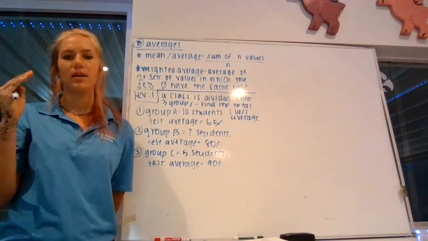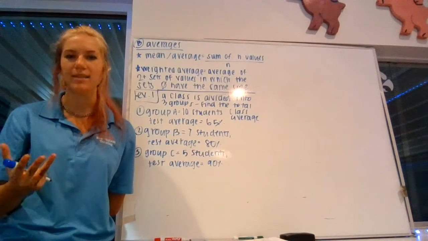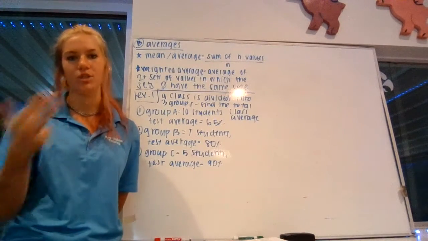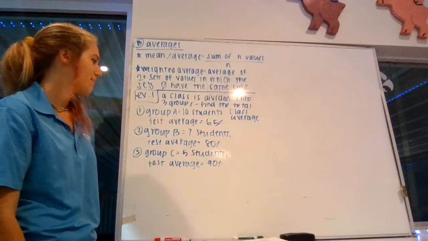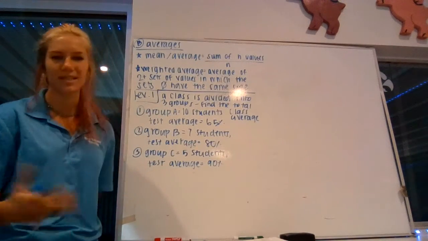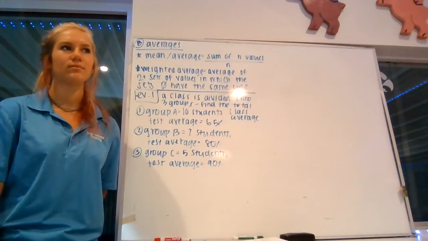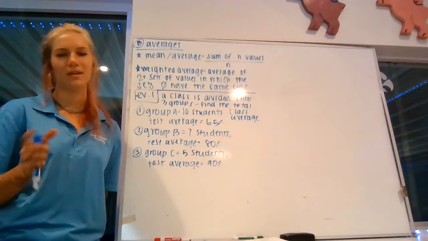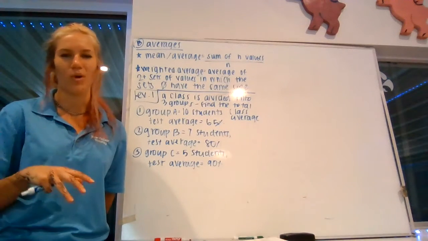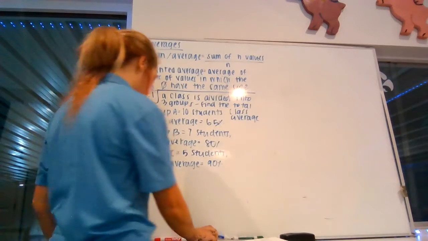It's going to make the actual class average less than what you might expect if you just took a simple average of these scores. I'm going to go ahead and show you guys the simplest way to do that. There's a couple ways, but the way that we're not going to do is a lot more complicated, and it's a lot easier to get it wrong. So I'm just going to show you guys the easiest way.